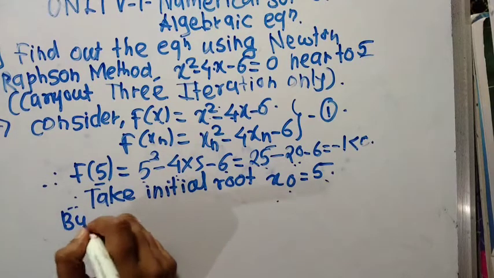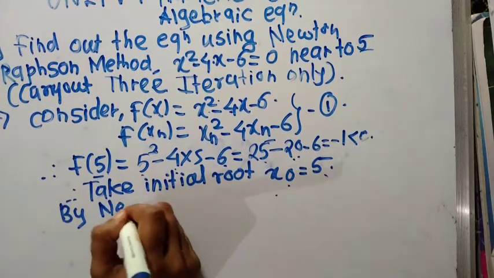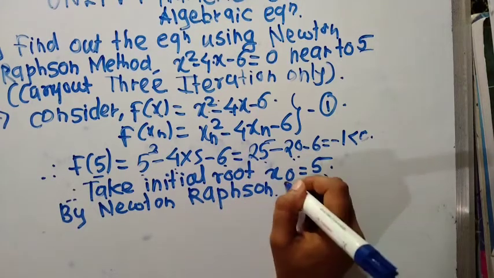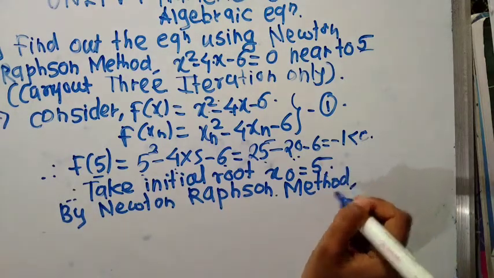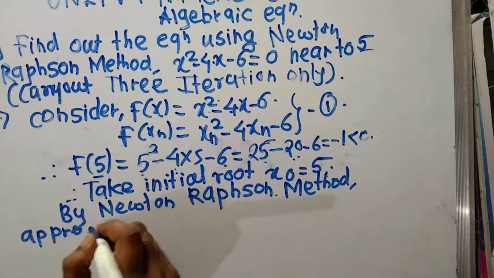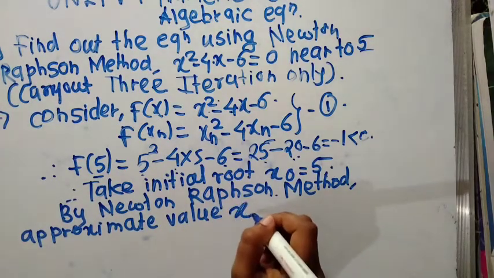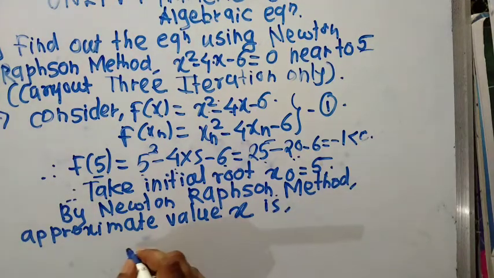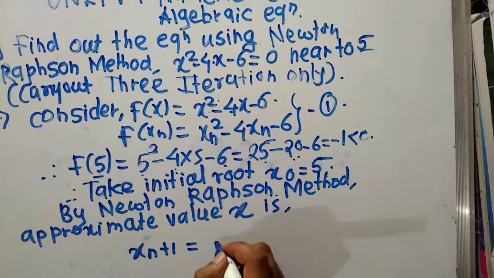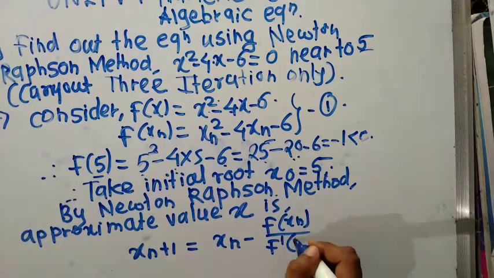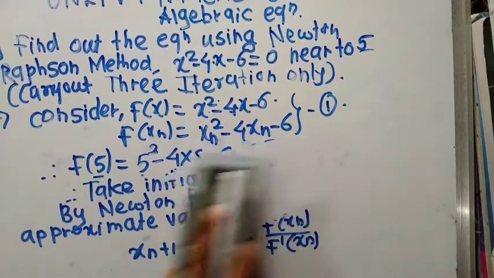Then by the Newton-Raphson method, the approximate value is given by xn plus 1 is equal to xn minus f of xn divided by f dash of xn.